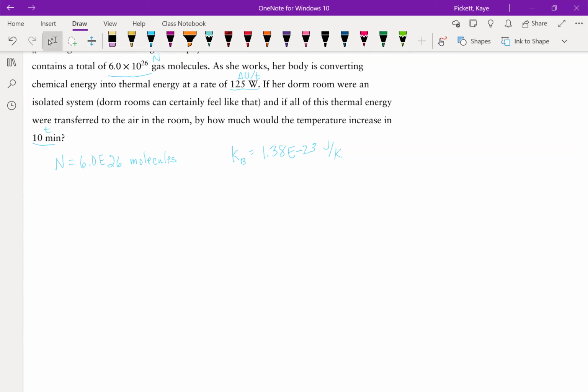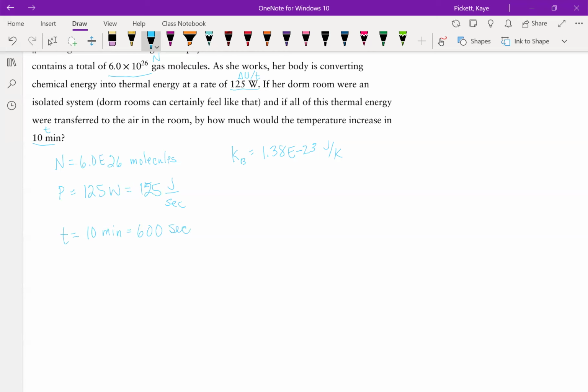Okay. Well, we know that the power is 125 watts, which is 125 joules per second. And we have the time is 10 minutes. Well, there's 60 seconds in a minute, so that's going to be 600 seconds.